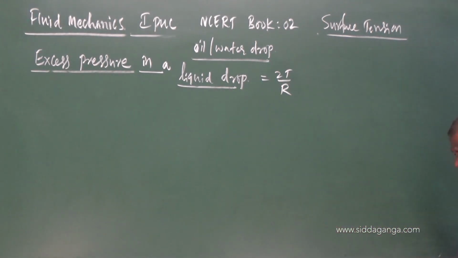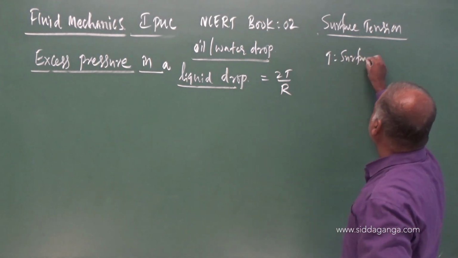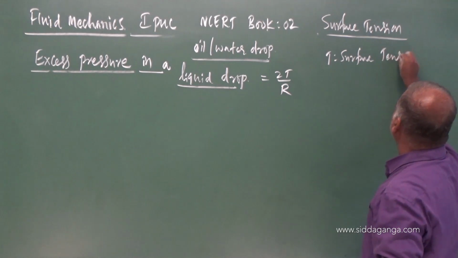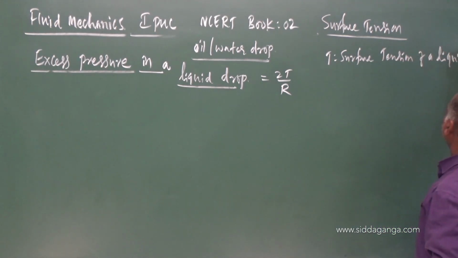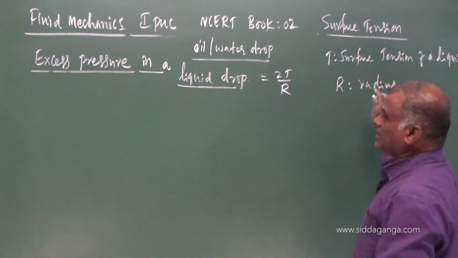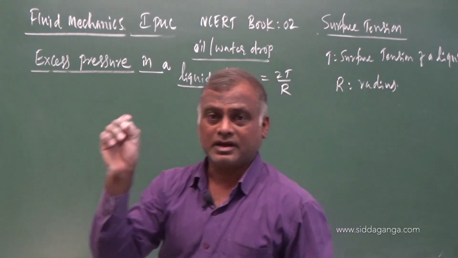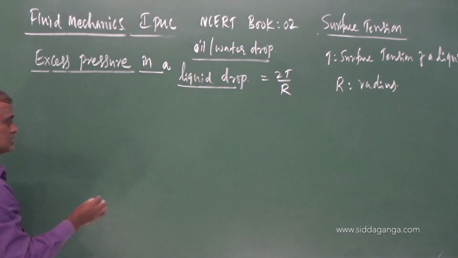Here T is the surface tension of the liquid, and R is the radius of the drop that is given. Understand clearly, my dear students.